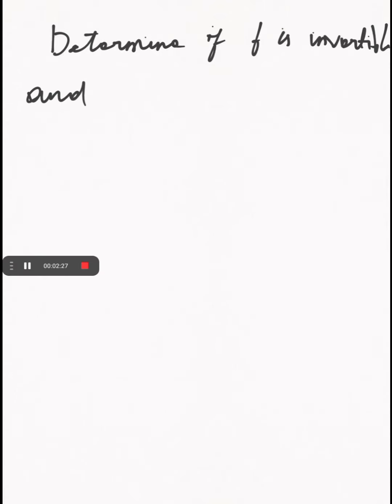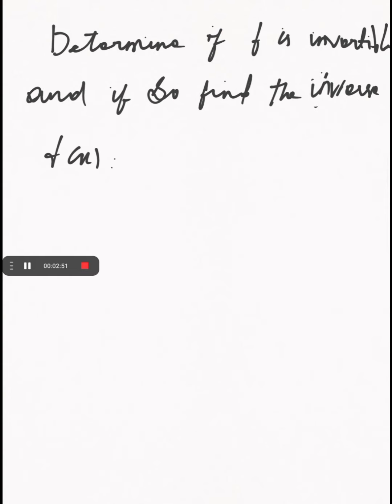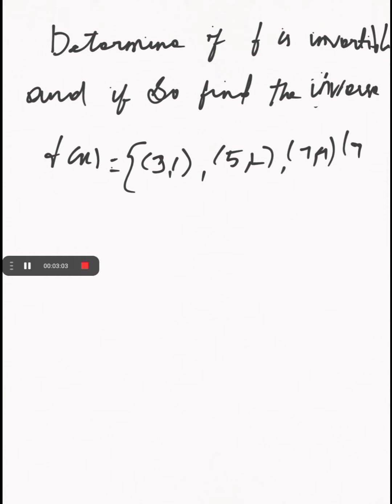If the function is one-to-one, we need to find the inverse of the function. The question is f of x equals (3, 1), (5, 2), (7, 4), (9, 8). First, we need to identify whether the function is one-to-one or not.